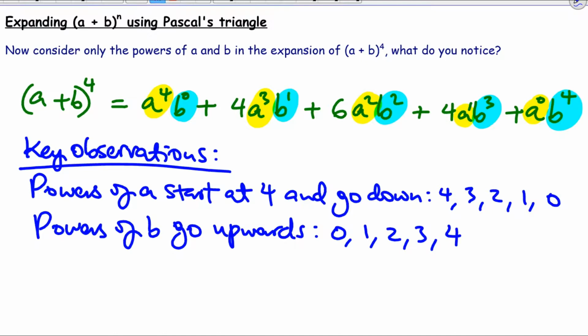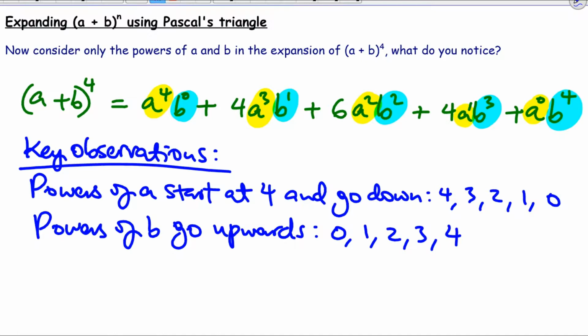Now, another thing that we can notice is that in each term the powers add to 4. Like in the first term, 4 plus 0 is 4, 3 plus 1 in the second term is 4, 2 plus 2 is 4, and so on.